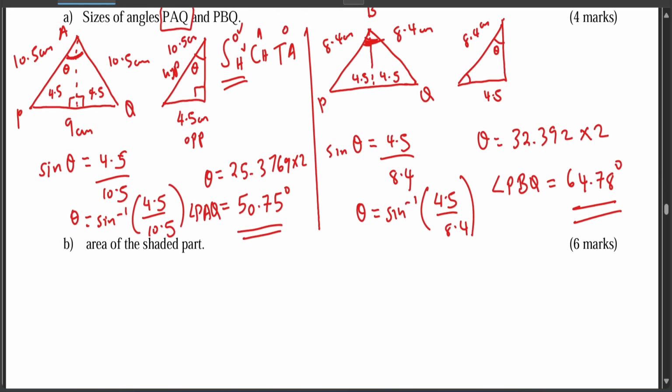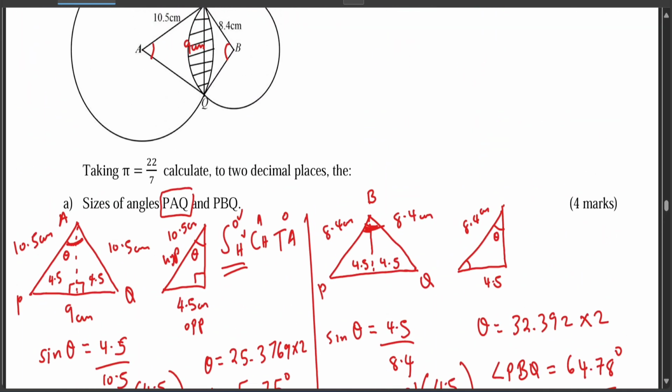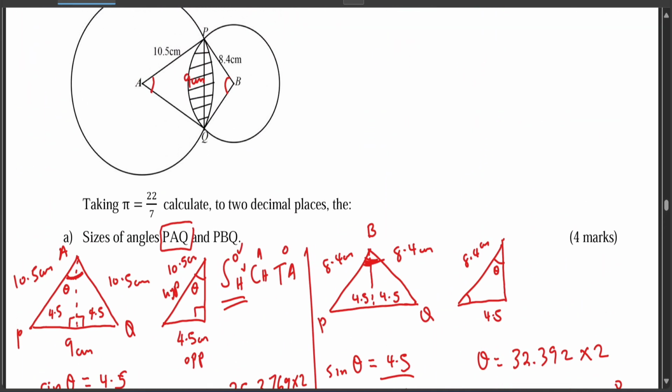6 other marks for free. Area of the shaded part. Area of the shaded part is basically this. And how do you find the area of the shaded part? So for this part here, you have something like this, and you have another one also like this.